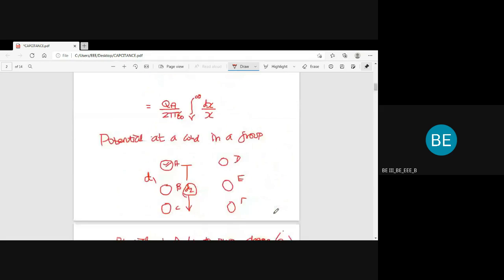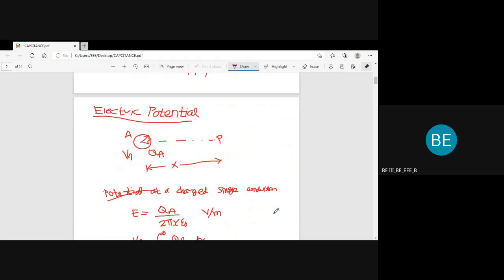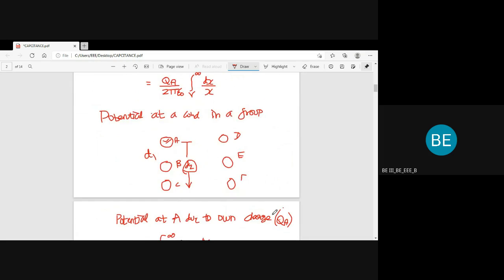So we have considered a single conductor. We have formed the potential of a charged single conductor, and we have formed the potential at a conductor if we are having n number of conductors.